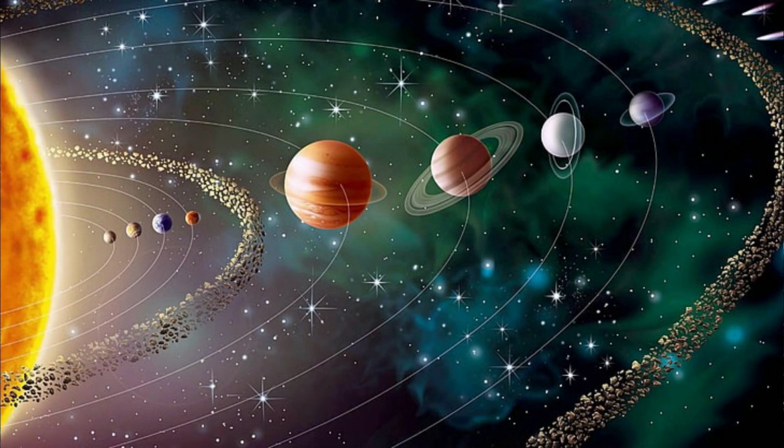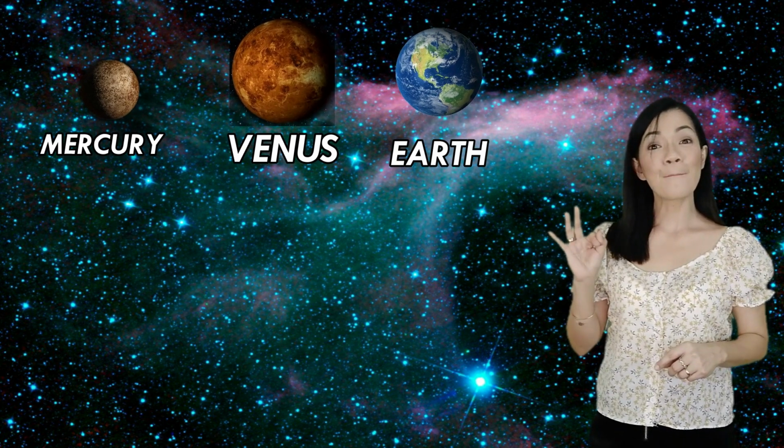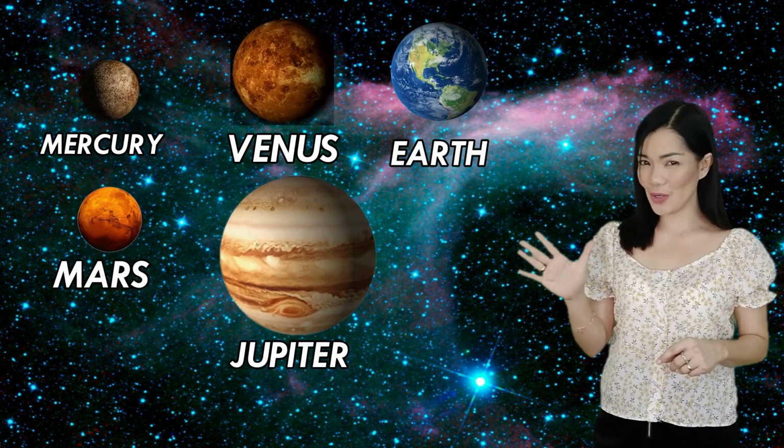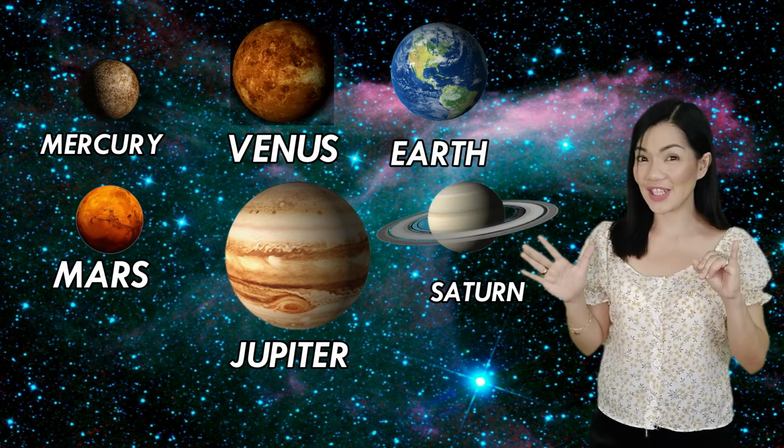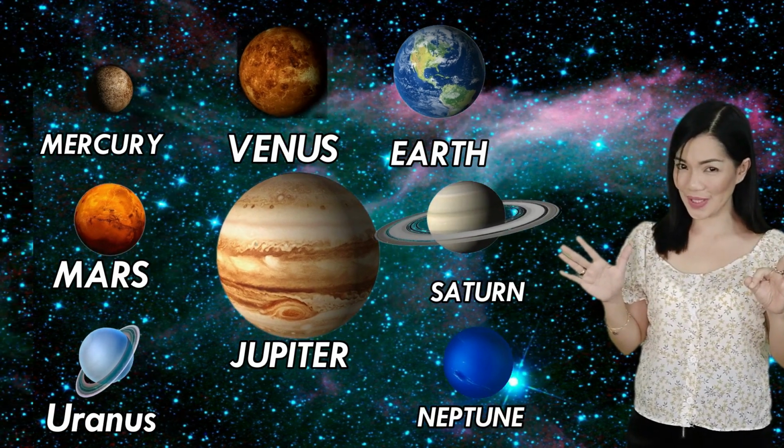And here are all 8 primary planets. They are familiar now. Mercury, Venus, Earth, Mars, Jupiter, Saturn, Uranus, and Neptune.